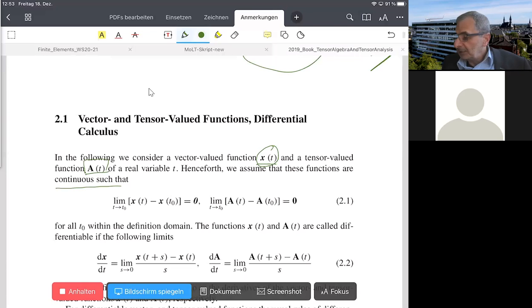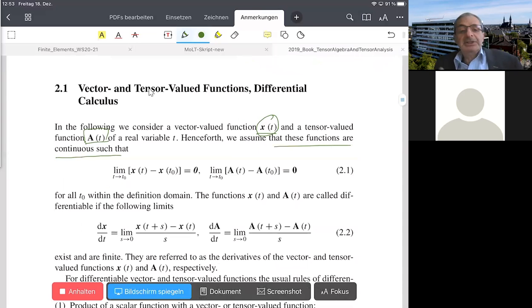First of all, we consider continuous functions. What does it mean? Maybe you remember it from classical mathematics, but we have to do it once more, because here we consider not conventional scalar valued functions, but vector valued ones.